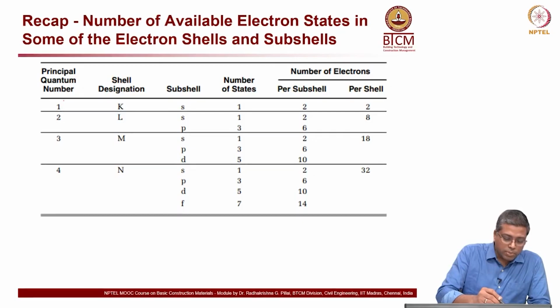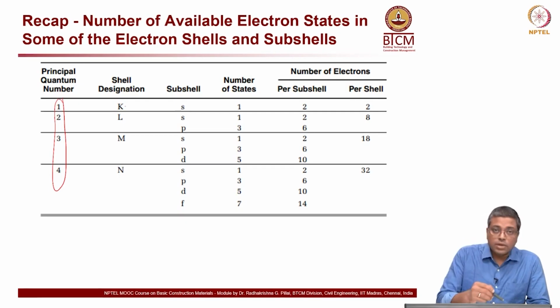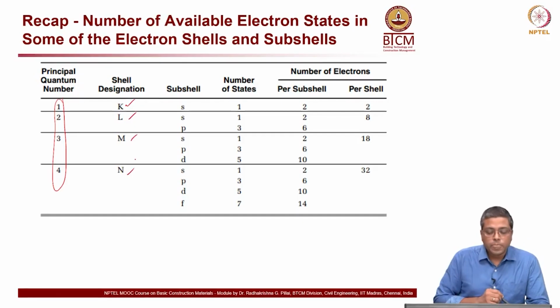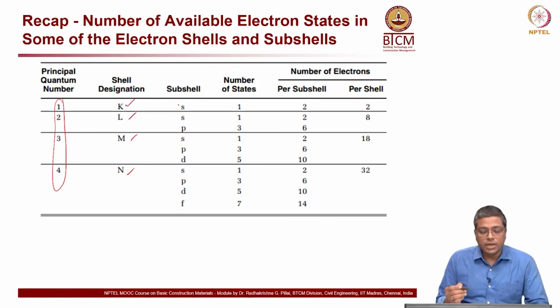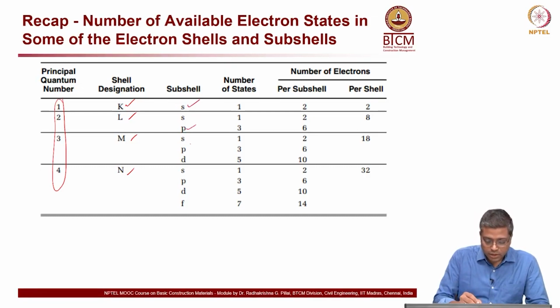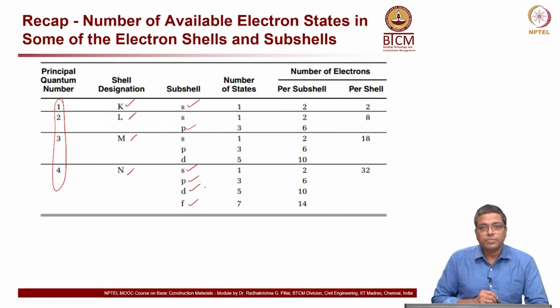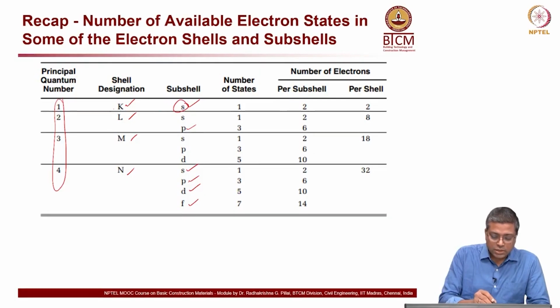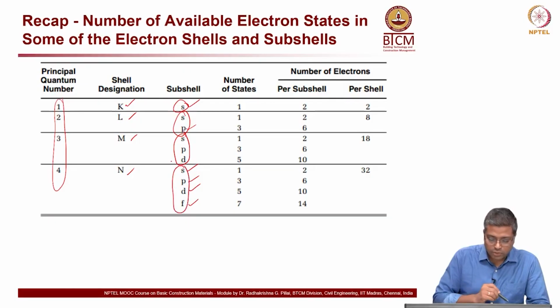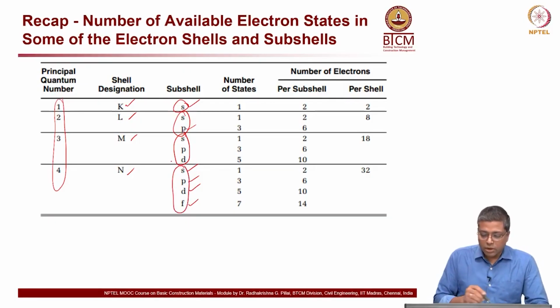There is something called the principal quantum number, where we talk about 1, 2, 3, 4, and then a designation is given to each of the shells, which are K, L, M and N, and then there are subshells which are S, P, D and F. So, in the first shell you have only the S subshell, in the second shell you have S and P, in the third one you have S, P and D, and then in the N shell you have S, P, D and F.